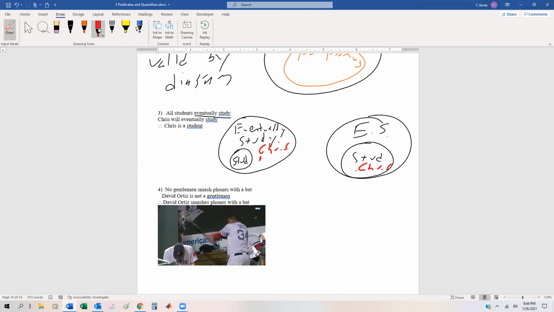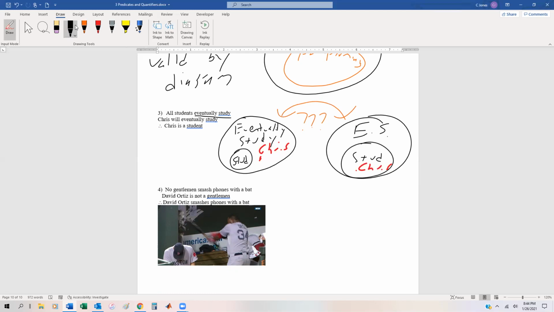And so now we have like this dilemma in which we have two different diagrams that seem to pose the exact same argument. But which one do we pick? Well, they're both true. But in one of them, Chris is a student and one of them is not a student. And so which one do we pick? Well, they're both valid.